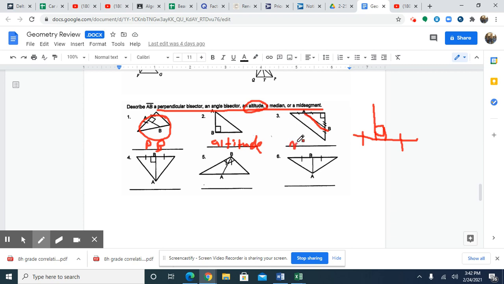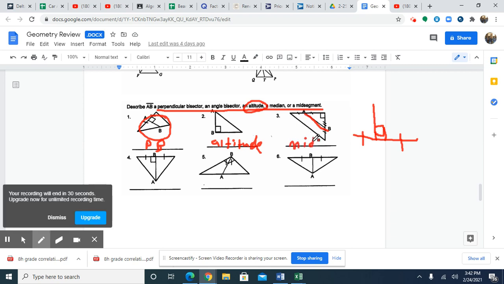So we have a mid-segment. For number 4, we have another example of a perpendicular bisector because we have a 90-degree angle that is split in 2, which gives it a PB, perpendicular bisector.